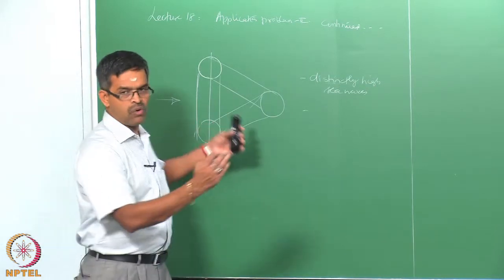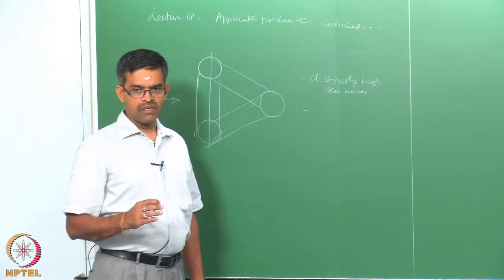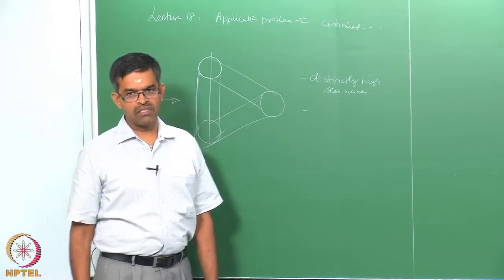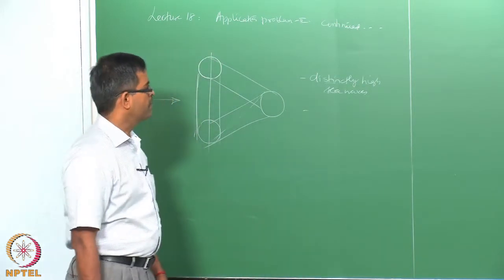We have already shown a window in the last lecture how the wave elevation is seen as a concave front and convex rear, which qualifies a wave to be called a distinctly high sea wave.